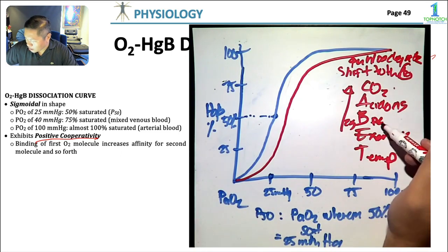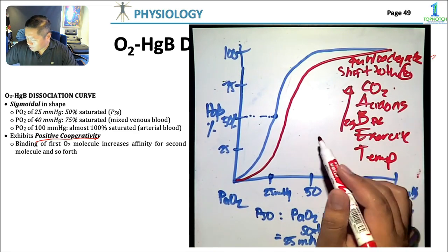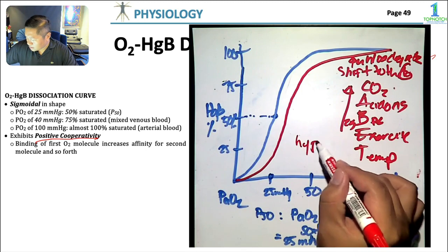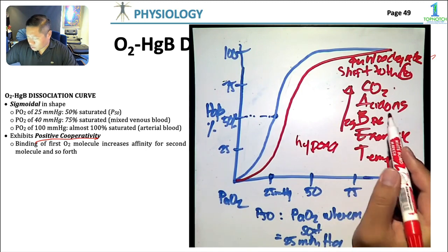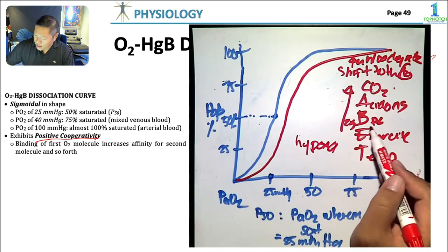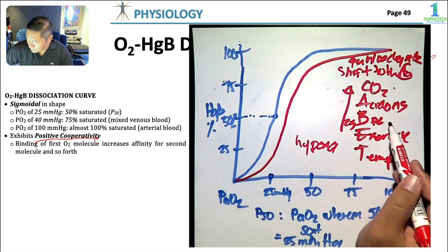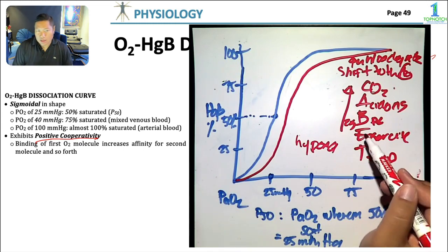An increase in your carbon dioxide, acidosis, 2,3-biphosphoglycerate, exercise, and temperature. An increase of any of these 5 will cause a shift to the right. Okay? A shift to the right means there is increase unloading of oxygen from hemoglobin. Okay?